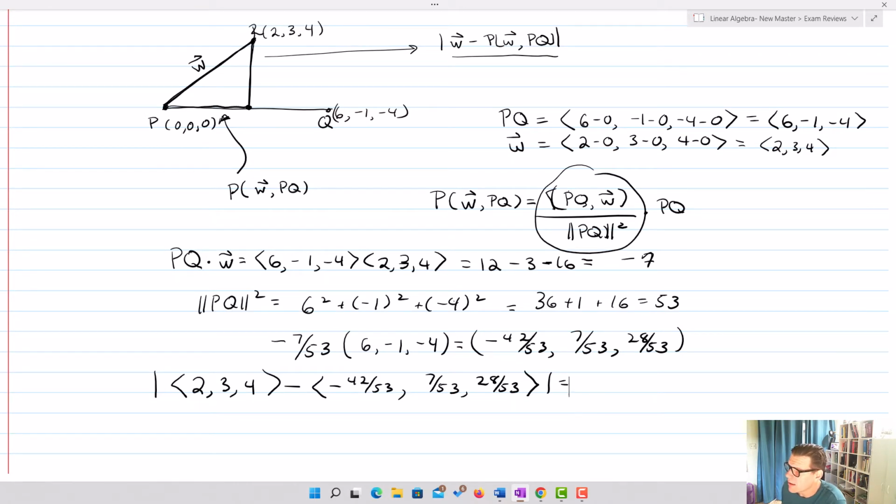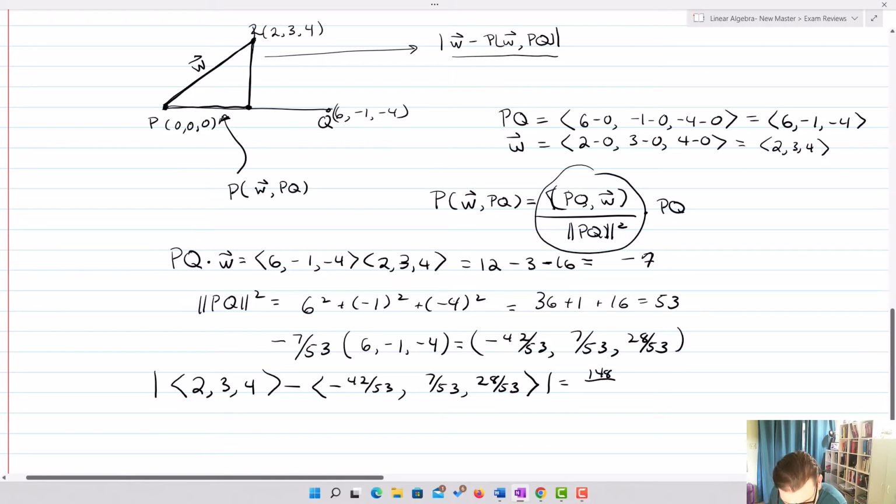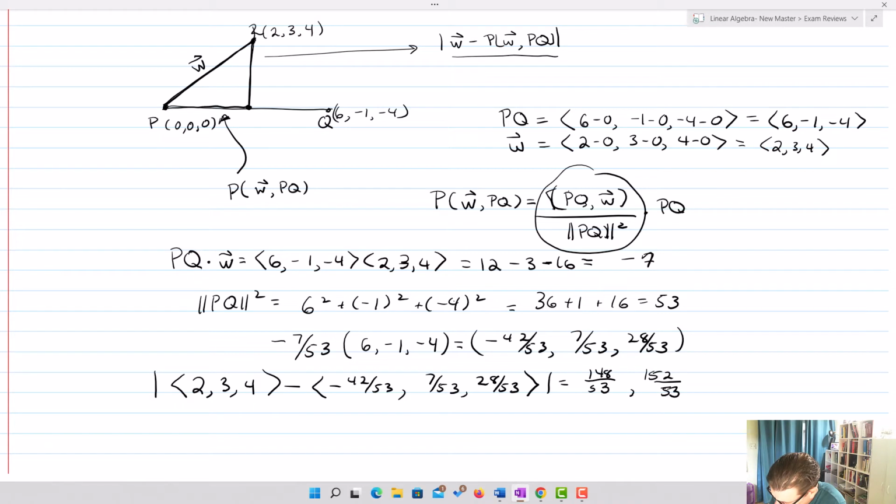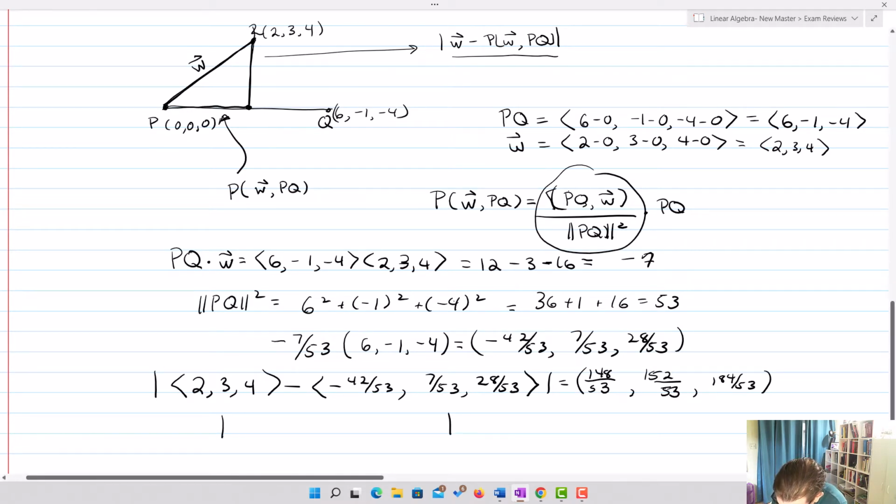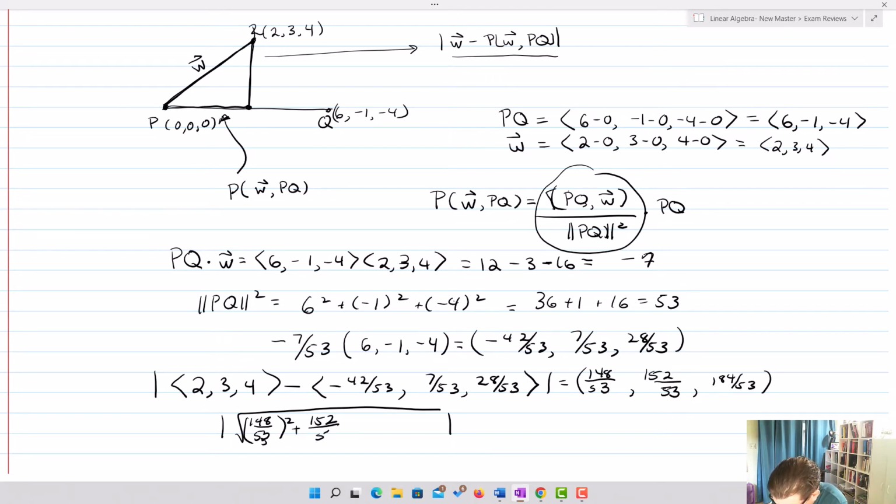So that gives me 148 over 53, comma, 152 over 53, and 184 over 53. Just go and find the magnitude of that. Right, so that's going to end up being the square root of 148 over 53 squared plus 152 over 53 squared plus 184 over 53 squared.